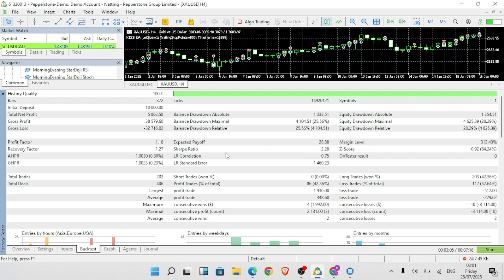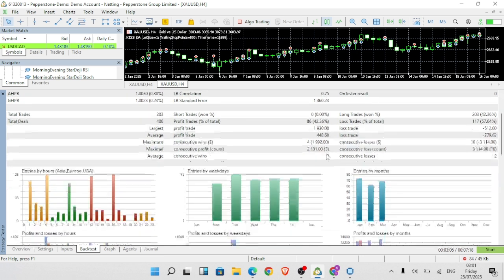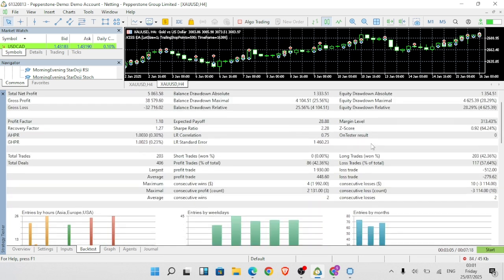And looking at the Sharpe ratio, a good Sharpe ratio is between 1 and 3, and ours sits at 2.28, which is a very good Sharpe ratio. Now, are we saying that this will not make losses? It will make losses. In fact, looking at total trades, we have 203 trades.